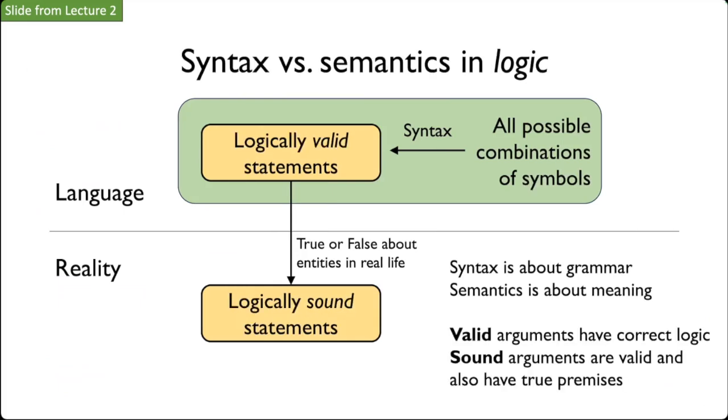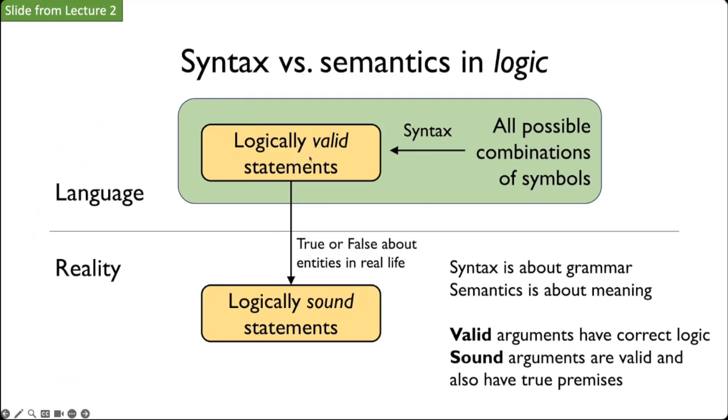Now, there's another level up where we talk about what this means in terms of logic. So I would say all possible combinations of logical symbols, if I get the syntax correct there, this maps to logically valid statements. And those now are things we could check with a theorem prover, with mathematics and logic.